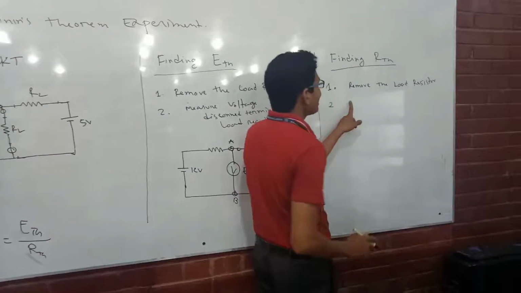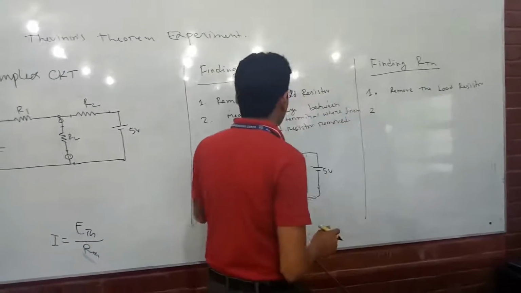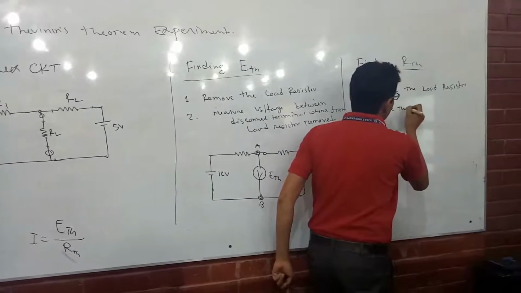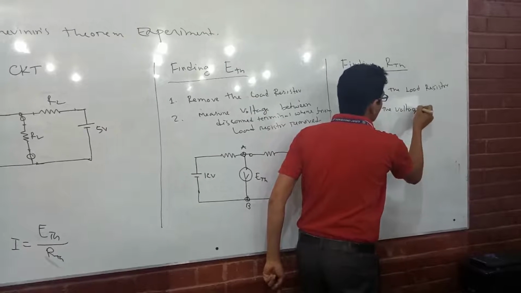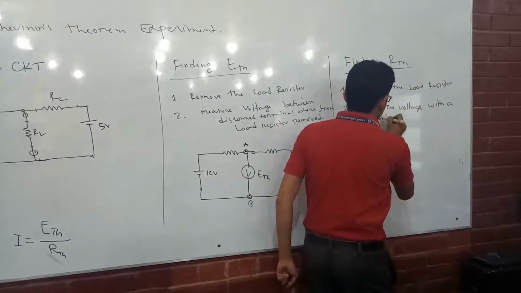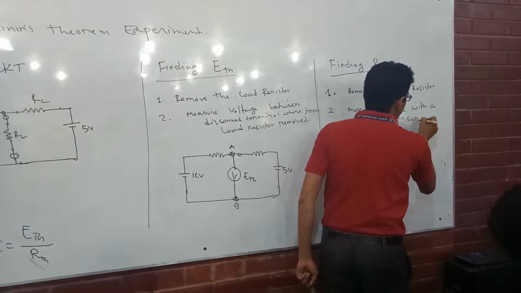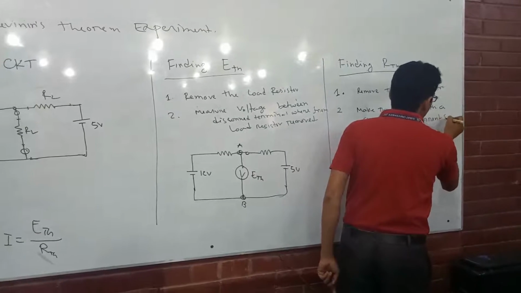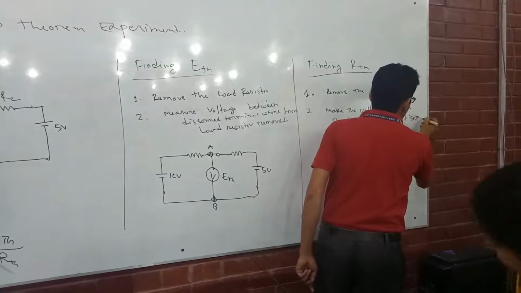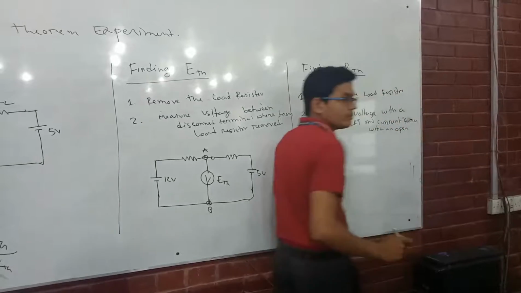Okay, so next to that is: make the voltage source a short circuit, and if it is a current source, an open circuit. We can open, right? You understand?